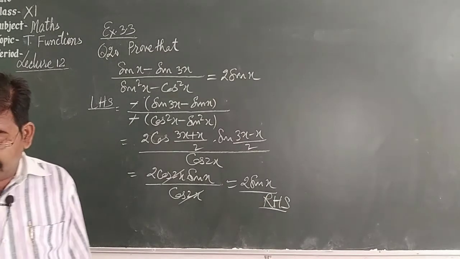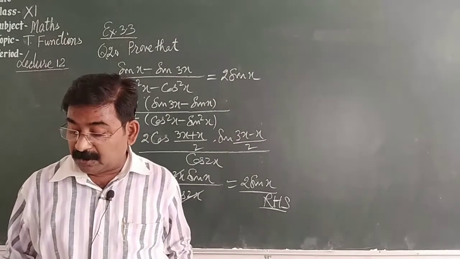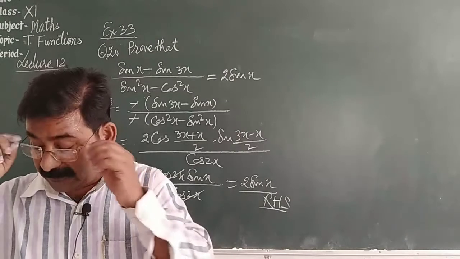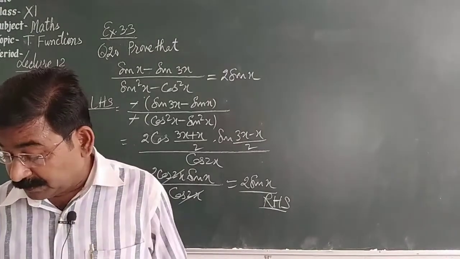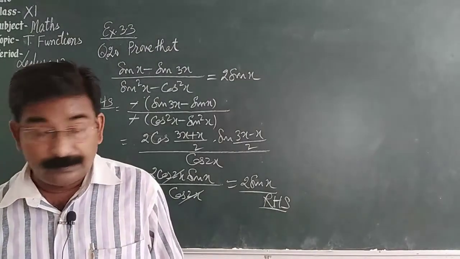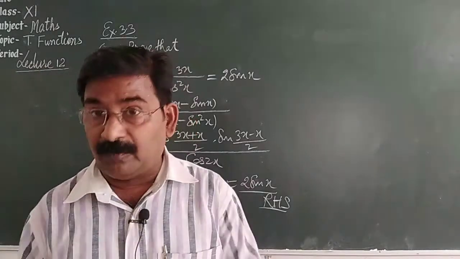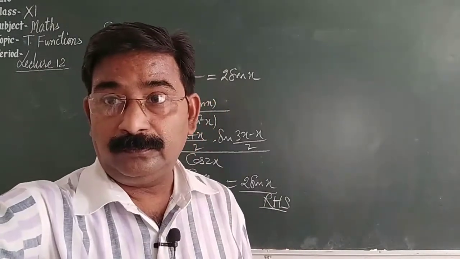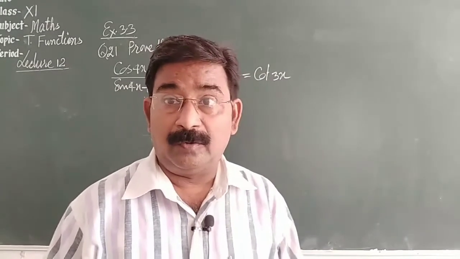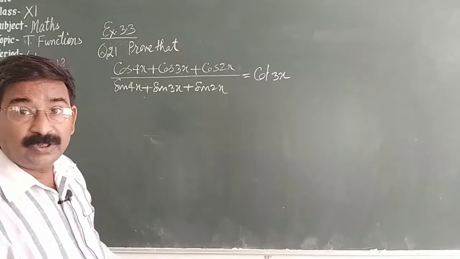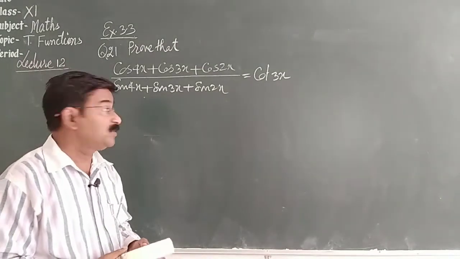Now question number 21. Question number 21 is, you have to solve this question, but I am going to tell you how to solve. Let's see question number 21. Very simple question, I am giving the clue, you will solve this question yourself.